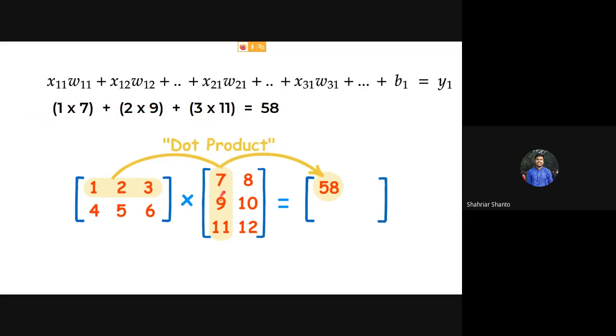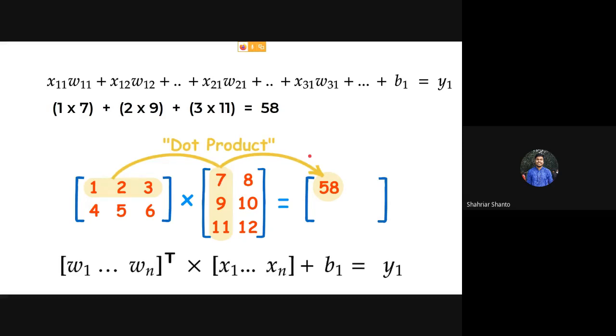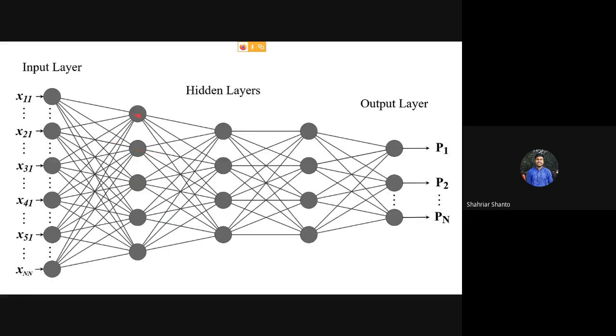All that is exactly similar to the equation we saw of a neuron. So we can have a vector of the weights and a vector of the inputs. We multiply them, matrix multiplication, plus the bias equals y1.